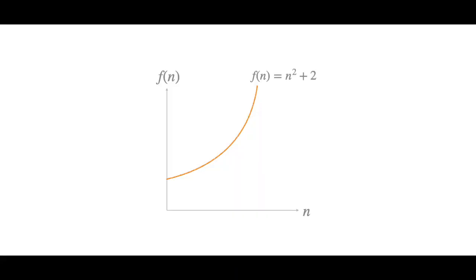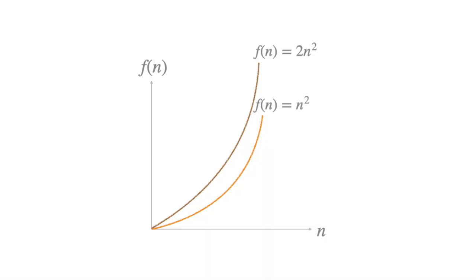What happens if, like last time, I say n squared plus 2? Nothing much. All that happens is I take this curve and it shifts up, or if it's negative, it shifts down. The point is that while the value of the function might change, I don't care about that. What I care about is the rate at which that function is changing, and that behavior doesn't depend on the constant that I'm adding.